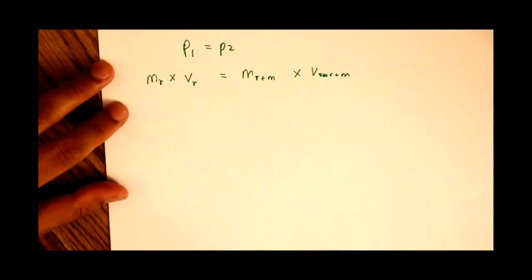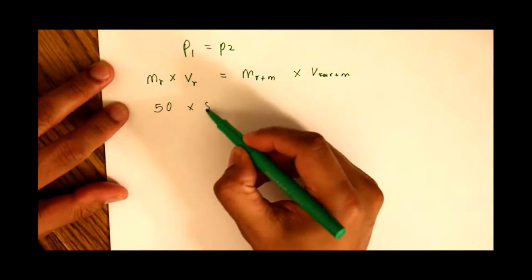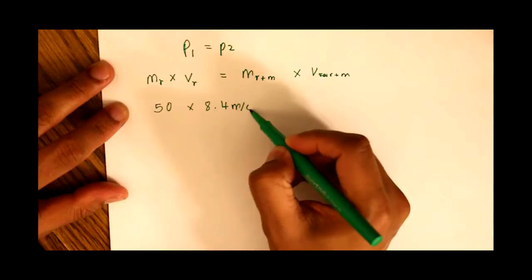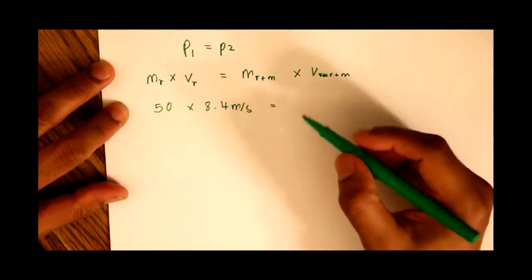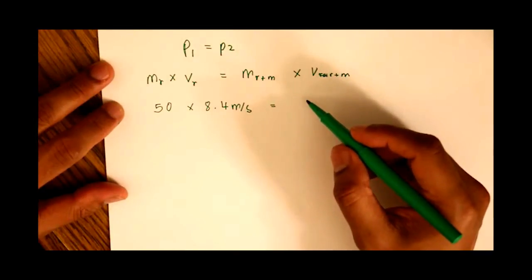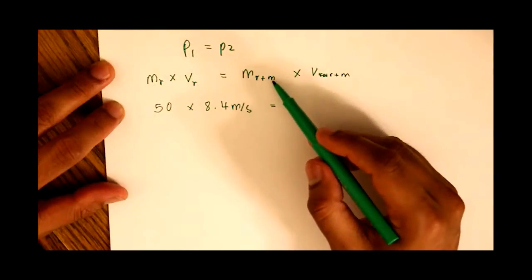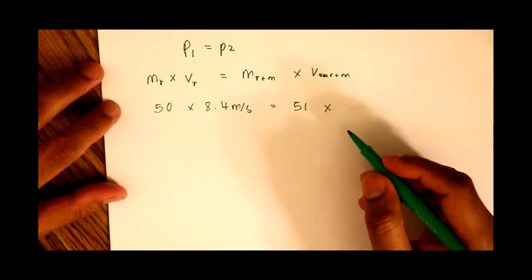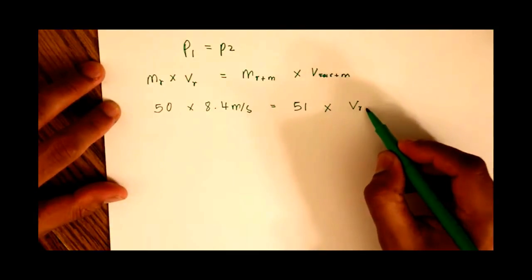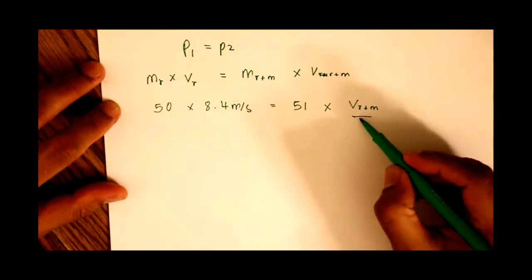The raindrop is 50 times as massive as the mosquito, so we'll say the mass is 50 in this case. The velocity is 8.4 meters per second. And we'll call the mass of the mosquito 1, so the mass of the raindrop plus the mosquito is 51, times the velocity of the raindrop plus mosquito. This is what we're trying to find out.